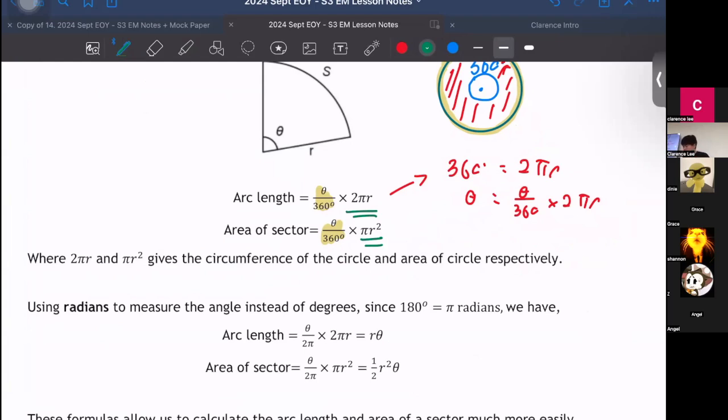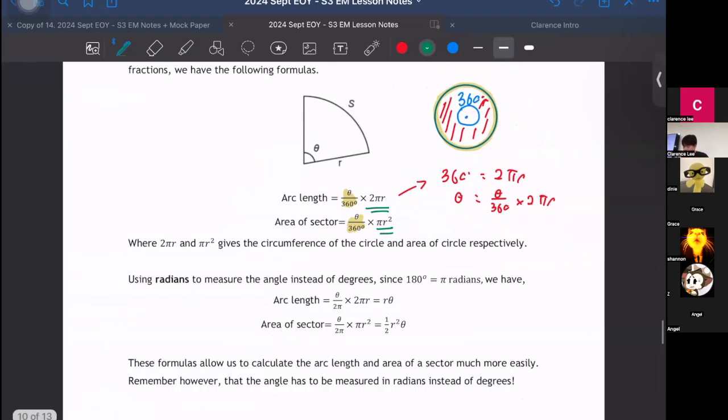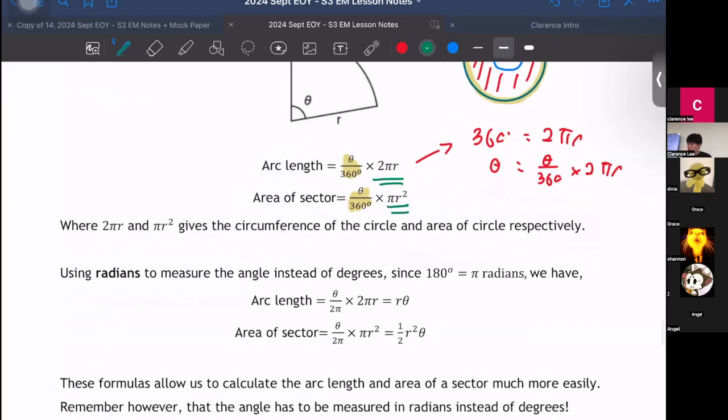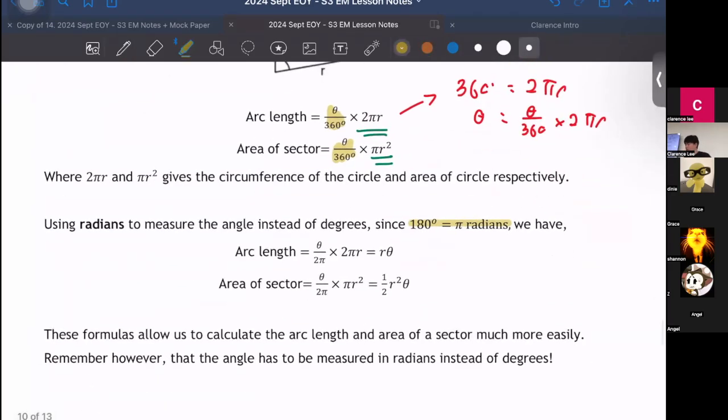Okay? Then second part, when we talk about radian measure, you are taught that 180 degrees is equal to pi radian. So your formula here for arc length, when you are working in radian, you can actually make use of r theta and half r squared theta, which is given in the formula sheet.